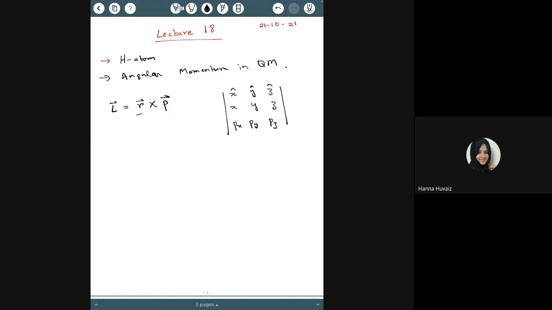So I can write the individual components of the angular momentum as Lx equals ypz minus zpy.